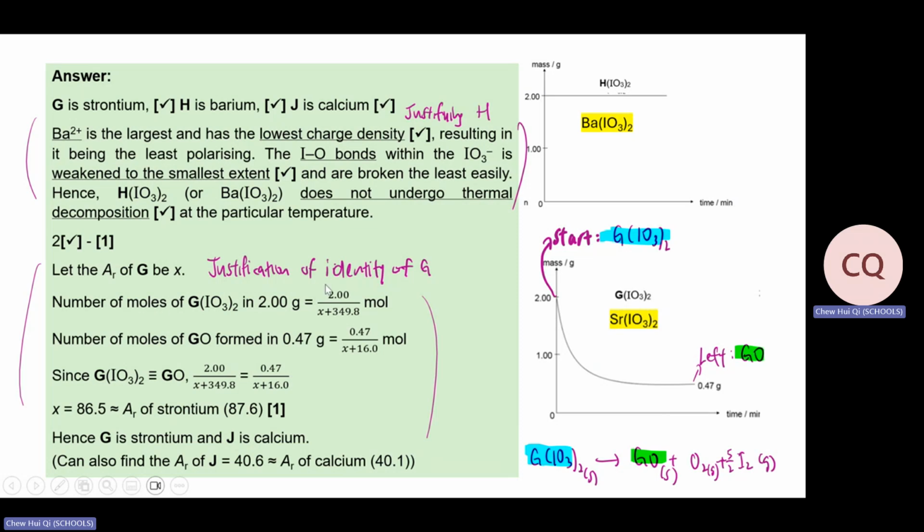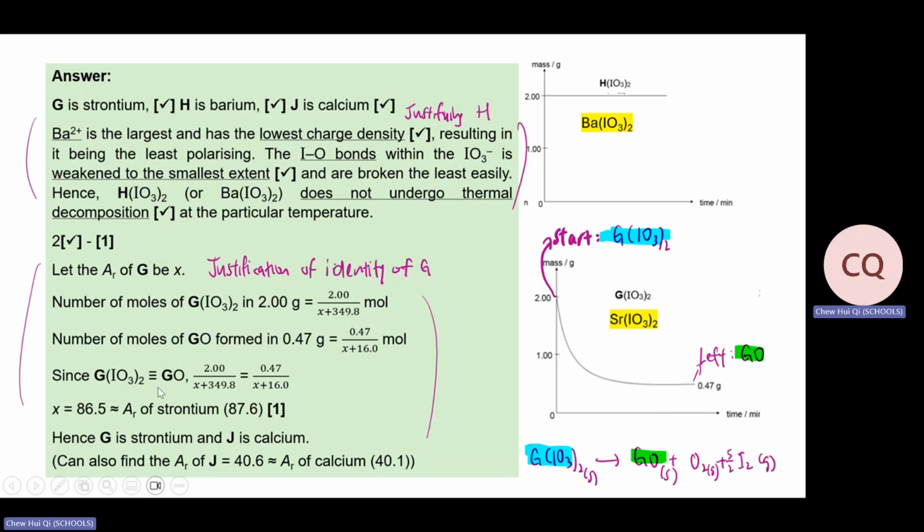You take the initial mass divided by the Mr, including X as the Ar, and you'll get this amount of moles. Similarly, for the number of moles of GO, you take what is remaining, 0.47, and divide by the Mr of GO, letting X be the relative atomic mass.